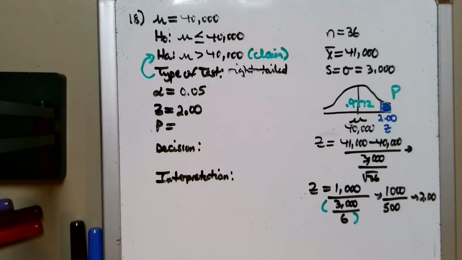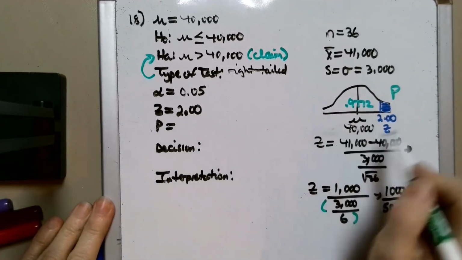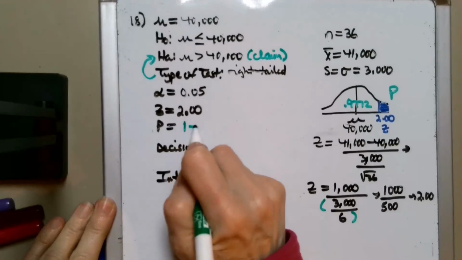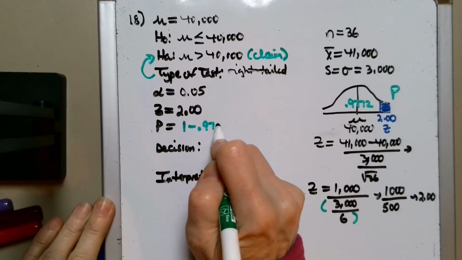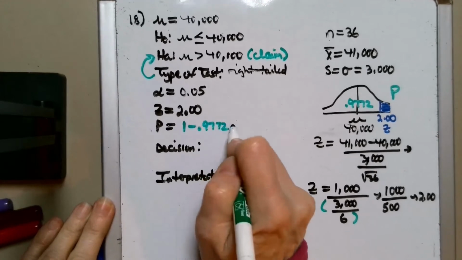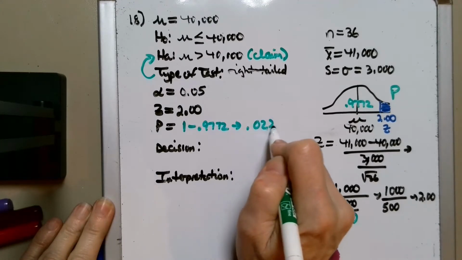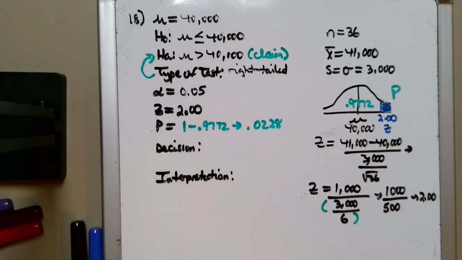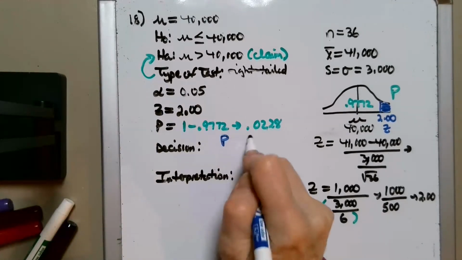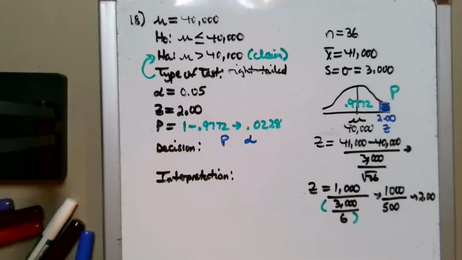So in order to find my p-value, I'm going to have to take the idea that the total area under the curve is 1 and subtract 0.9772 to get my p-value, which was 0.0228. So now for my decision, what I do is I compare p to alpha using the decision rule in that order.